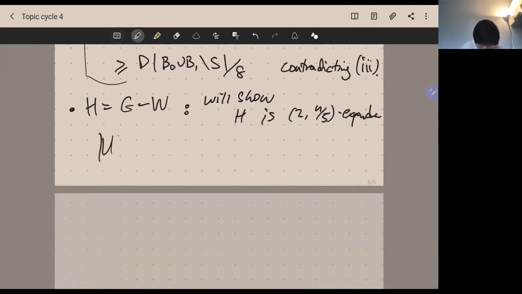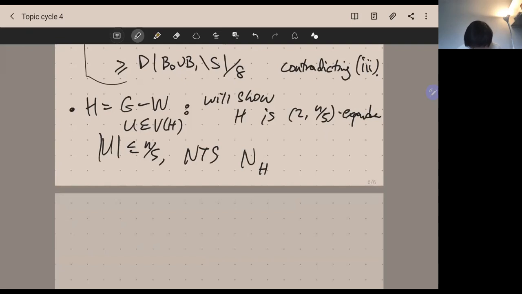So you take U, where U is a subset of H, of size n over 5. We need to show the external neighborhood of U in H is at least 2U. So as we mentioned, we're going to divide U into U1 and U2, okay?